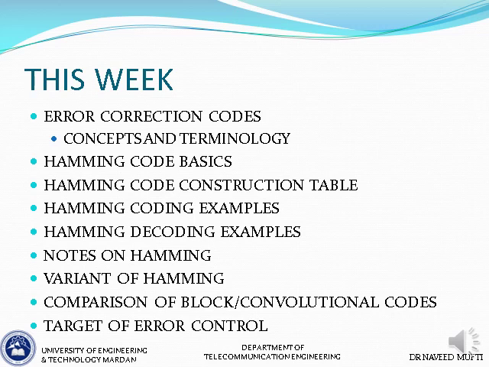After having understood how Hamming code is constructed, then we will look at some examples of Hamming coding, and then we will look at some examples of Hamming decoding. And finally we will have a few notes on Hamming code, and we will end Hamming code by discussing variants of Hamming code. Once the discussion of Hamming code is over, we will be once again comparing block and convolutional codes and agreeing that there is a common target for error control for any type of error detection or correction codes.